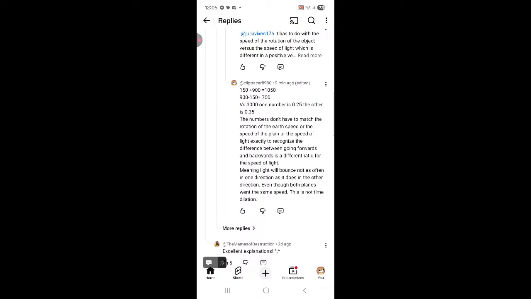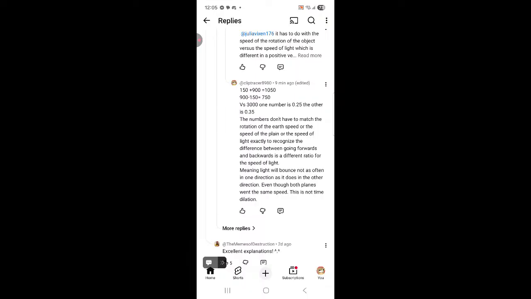So we got the 150, we went plus, so that's with the rotation of the Earth. So you add them together. That's the total distance per second you get, just as an example of what happened when you had the planes going with the rotation of the Earth. The other number, 750, represents what happened when you went the opposite direction.